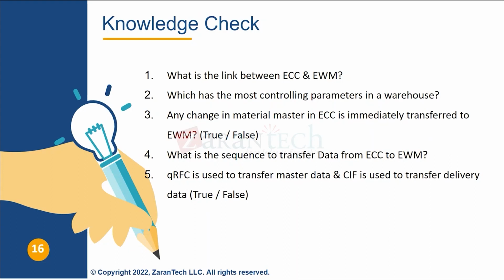You mention the range of the products in the background job, and if any product in this range changes, the system will check it and send all those changed products in bulk to the EWM system. So based on the ranges you maintain in the selection screen of the job, as I showed you in the SIF transaction, it will be transferred.